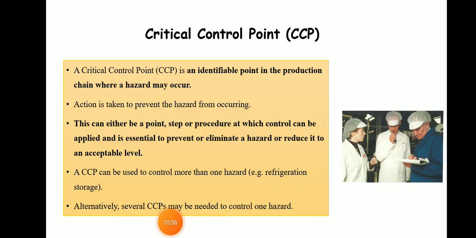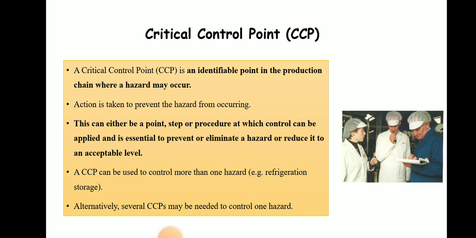Now we'll see what a critical control point is. A critical control point is an identifiable point in the production chain where a hazard may occur, and an action has to be taken to prevent the hazard from occurring.